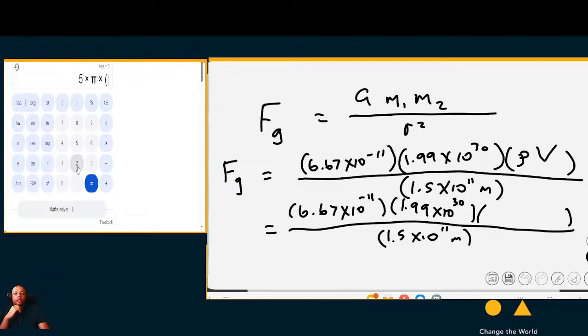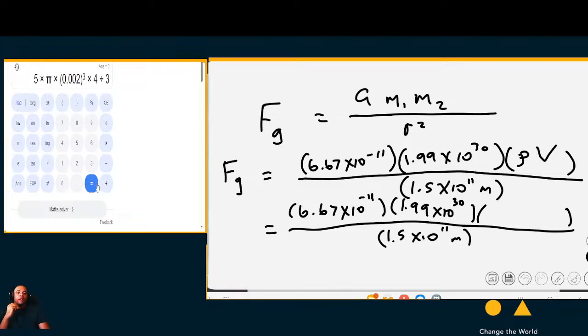The radius in this case is 0.002, cubed. Radius cubed times 4 over 3 pi.